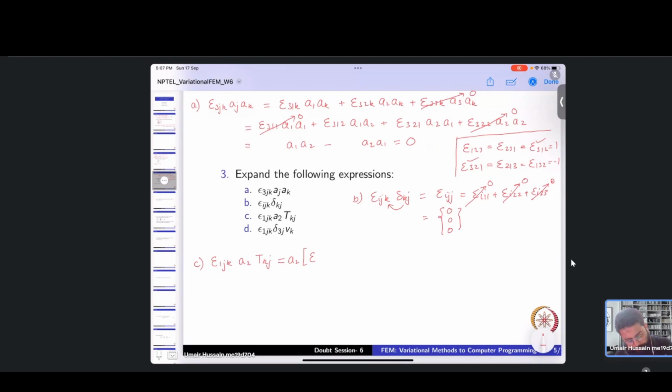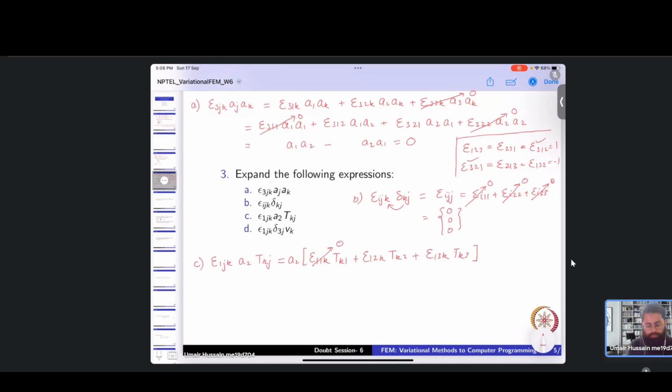Epsilon 1 1k tk1 plus epsilon 1 2k tk2 plus epsilon 1 3k tk3. Okay, so this goes to 0, repetition allowed.